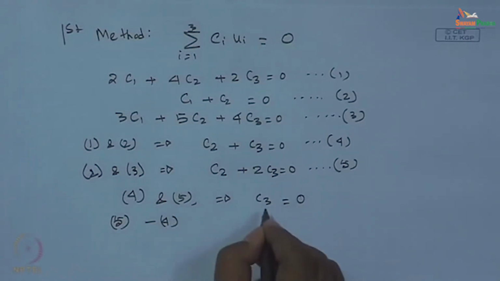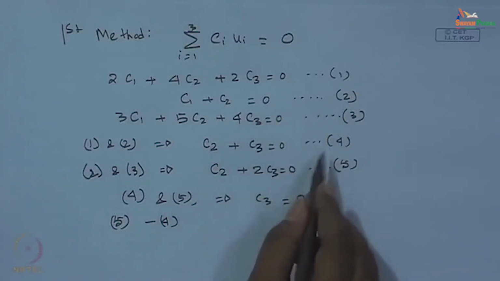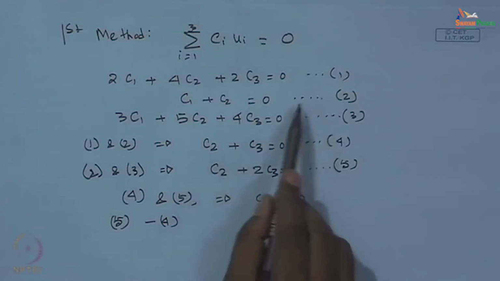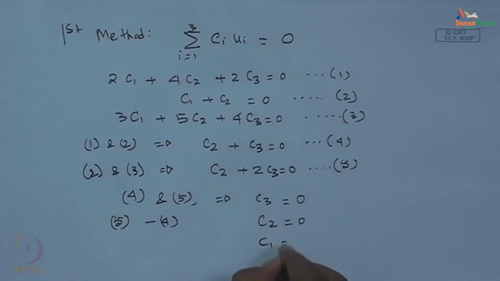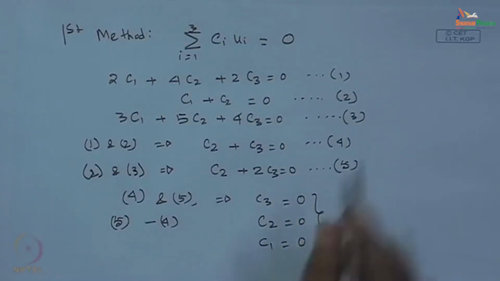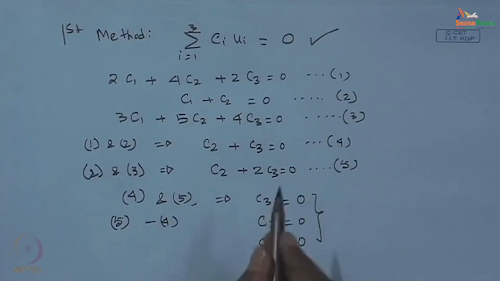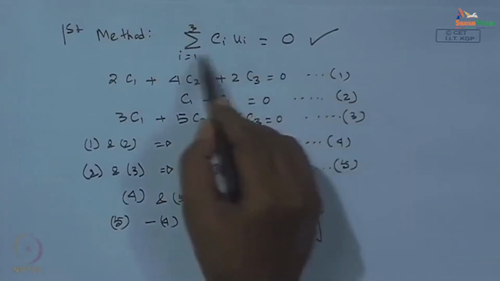If C3 equals 0, then from equation number 4, C2 will be equal to 0. If C2 equals 0, then from equation number 2, C1 will be equal to 0. So, in this case, in order to satisfy this equation, all the individual coefficients have to be equal to 0. Therefore, we get a unique solution for this particular case.